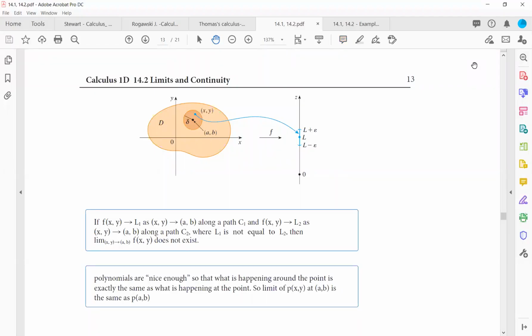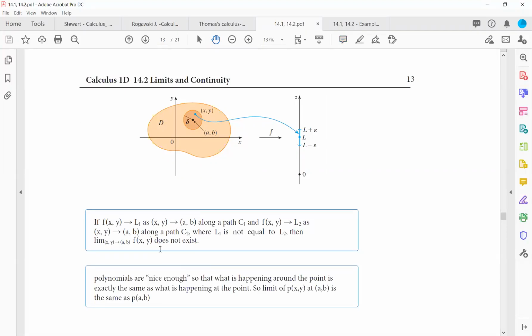Now, what if we have a function in two independent variables, f of x and y? In this case, to find the limit of the function, we're working with different paths. What's the meaning of that? It means that you have to take paths or ways passing through the point a, b, then evaluate the function. If on different paths the function has different limits, it means that the function has no limit at that point.